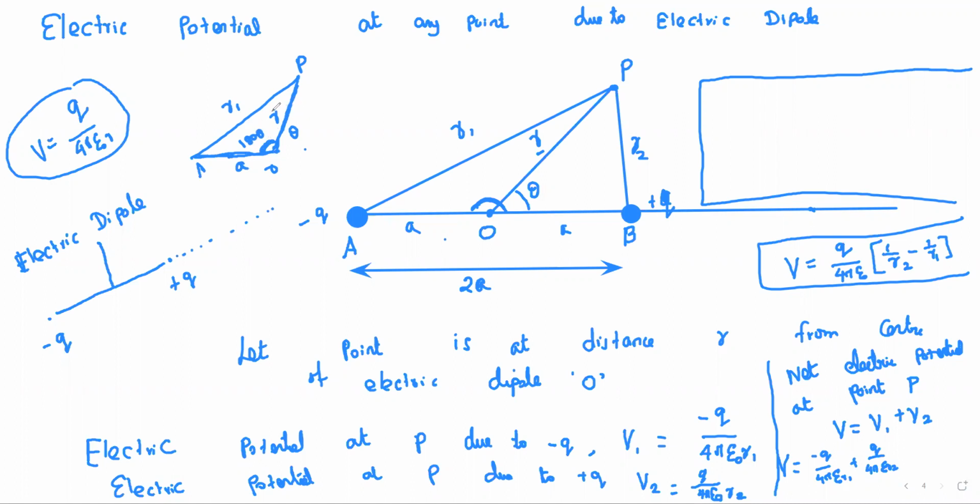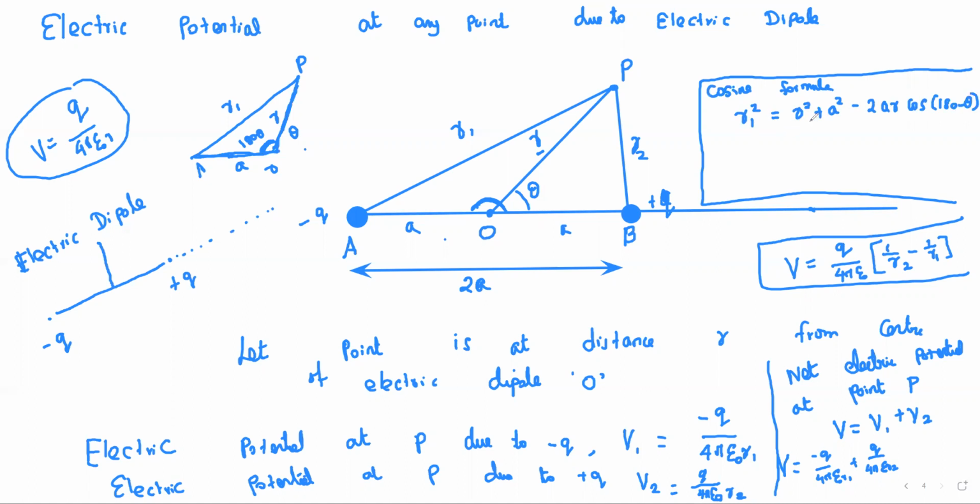From these three terms, we can write R1 by using the formula called the cosine formula. What is that formula? The formula is R1 square is equal to R square plus A square minus 2AR cos, what is the angle here? 180 minus theta.